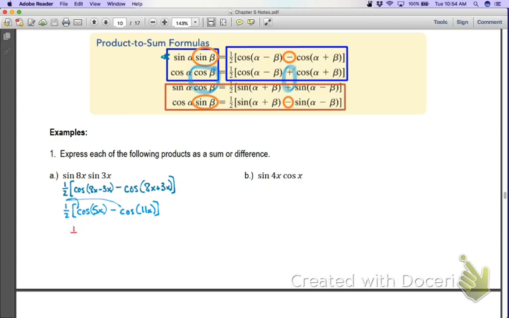So then I'm just going to have 1/2 cosine of 5x minus 1/2 cosine of 11x. It's really up to you as far as if you want to leave the parentheses around those or not. Kind of go from there.